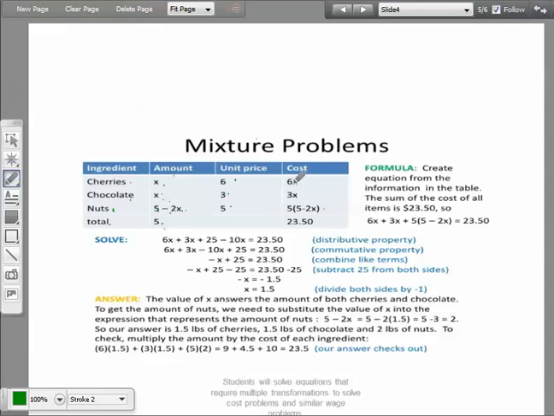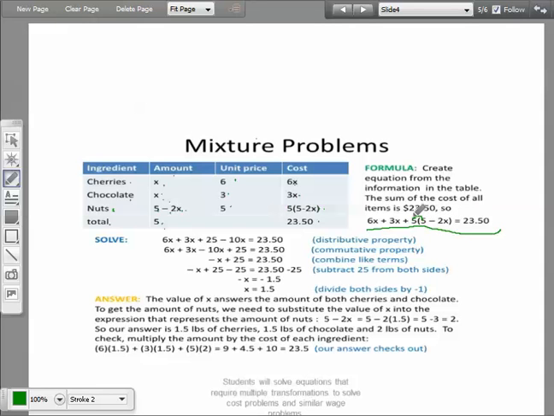So I'm going to be able to add 6x plus 3x plus 5 times 5 minus 2x to equal $23.50. We can use this formula that we just came up with right here and combine some like terms and do the distributive property. Well, distributive property first.